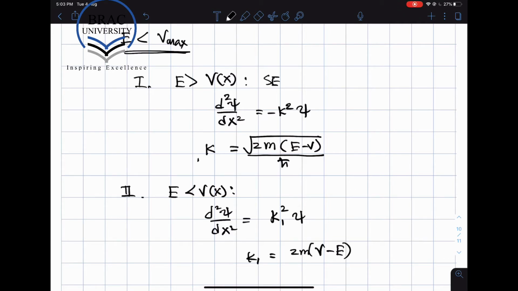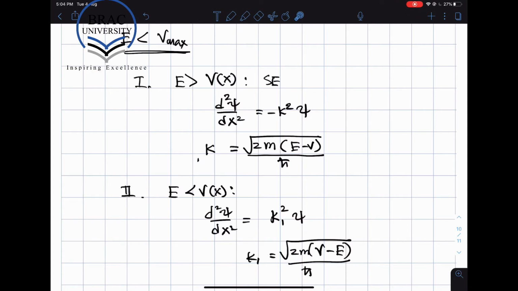Remember that V is greater than E in this region. So these two equations have almost the same form, but notice that k1 squared and k squared are both positive numbers, but there's a sign difference. In region 1, it is a minus sign. In region 2, there's a plus sign.